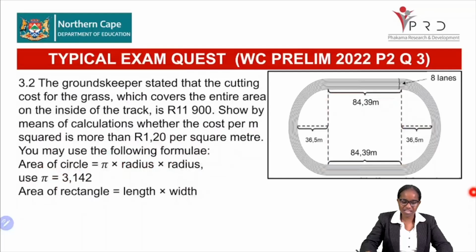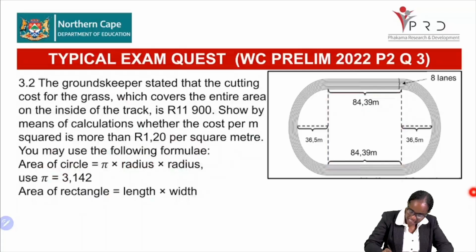Let's move on to the next question. The groundskeeper stated that the cutting cost for the grass, which covers the entire area on the inside of the track, is 11,900 rands. The inside of the track, right?